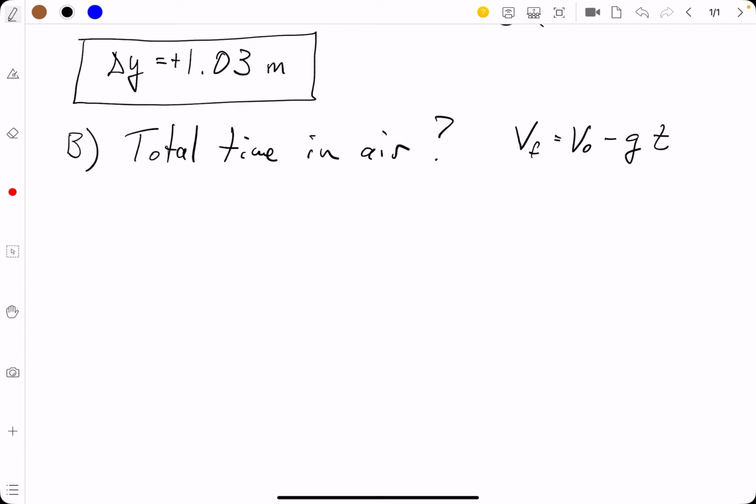Now, there's two ways to do this, okay? So now I'm going to draw it so that we can see that it goes up and comes down, okay? And we can cut this thing in half, and we can figure out the time from V naught to V top. Let's call it V top, okay?